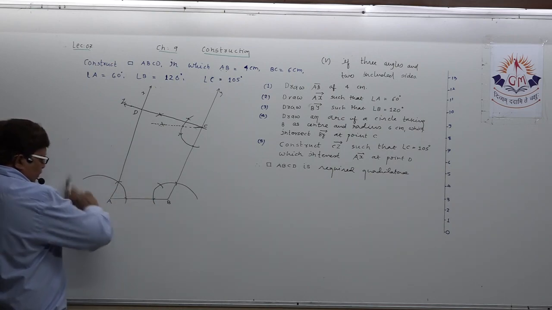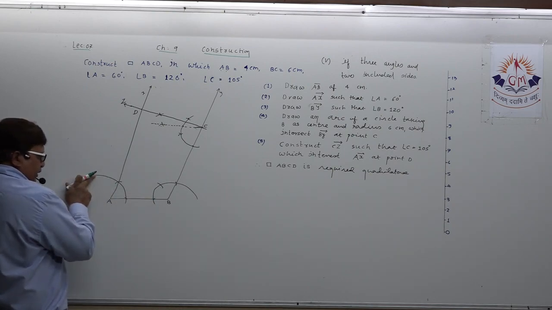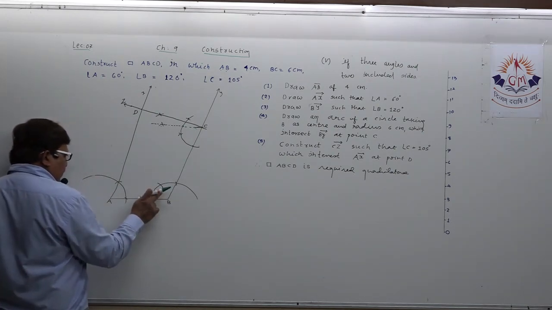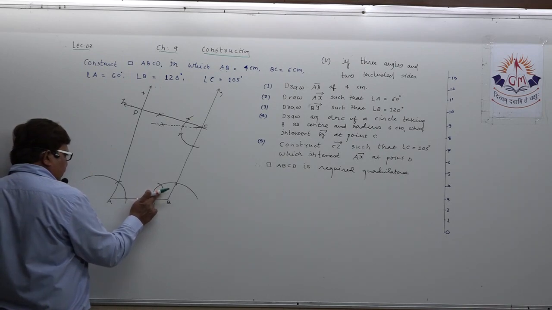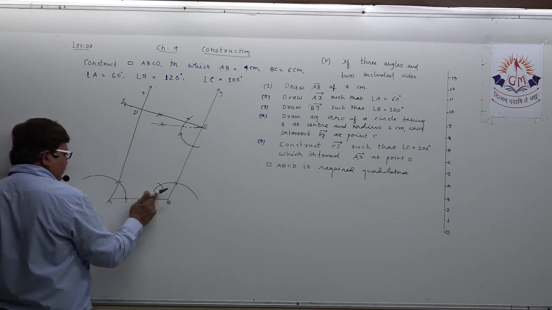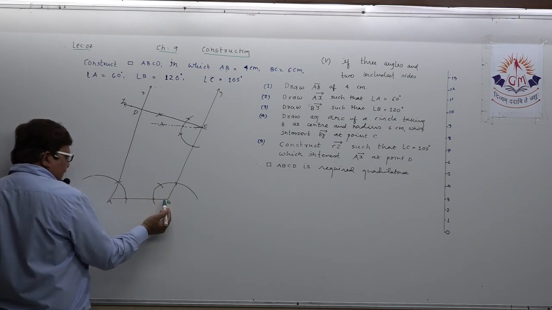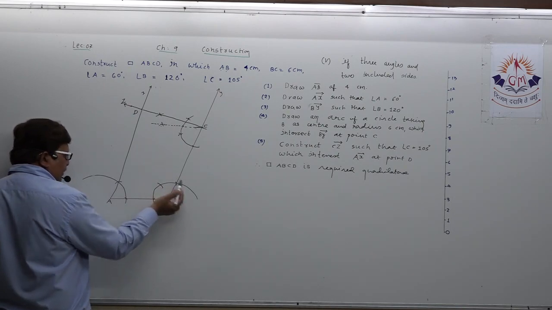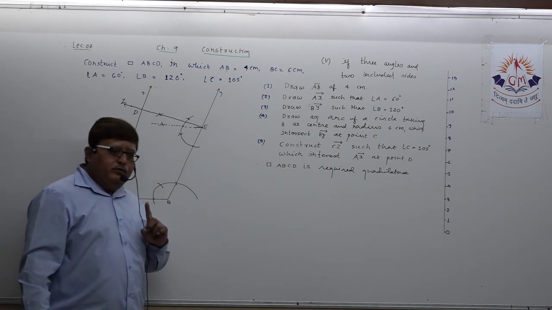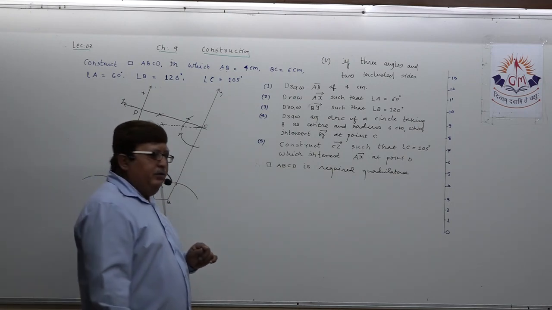I do not have to go from here and construct 60 degree. Similarly, when I want to construct the angle of 120 degree, I am not going to draw from here. This is my baseline, so I have to start drawing the arc from here only. This is a very important point which you should mark and understand.